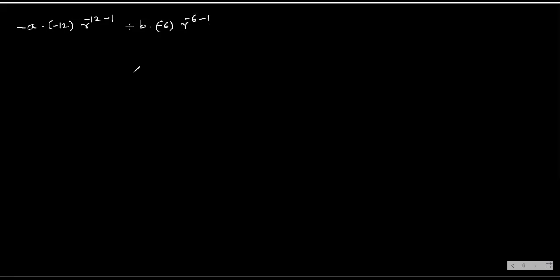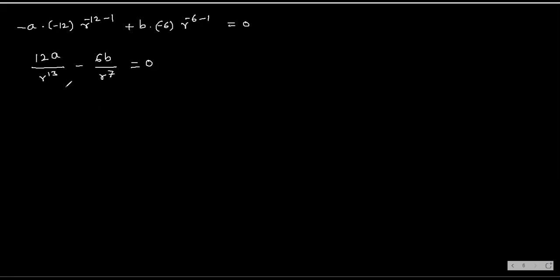How much is this equal to? 0. So this is plus 12A by R power 13, and minus 6B by R power 7, which is equal to 0.